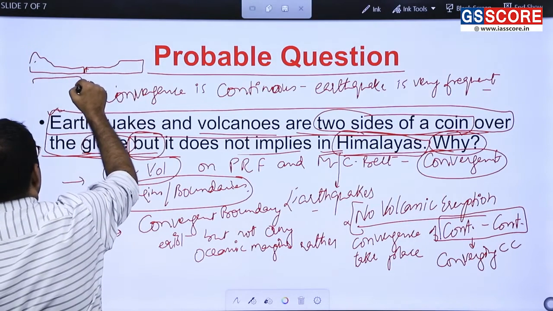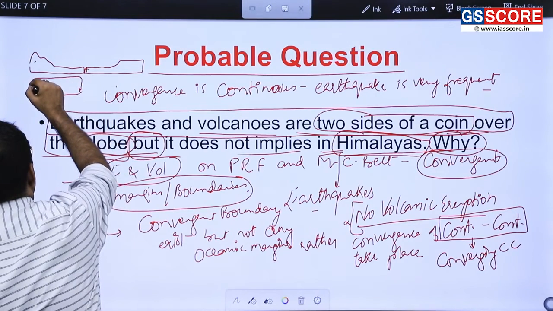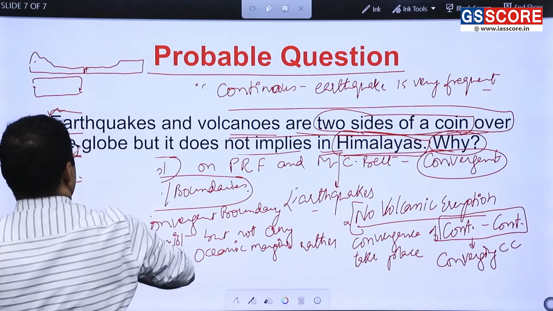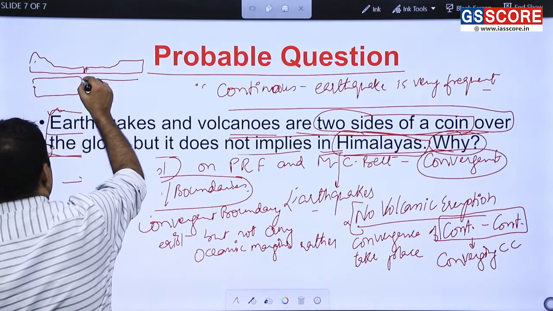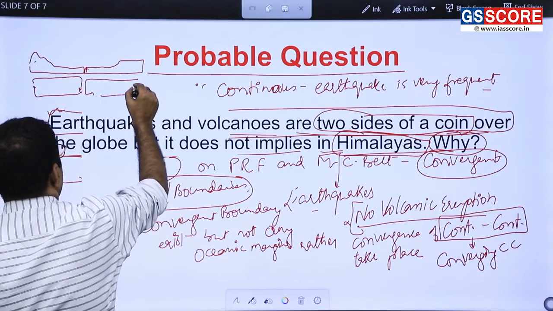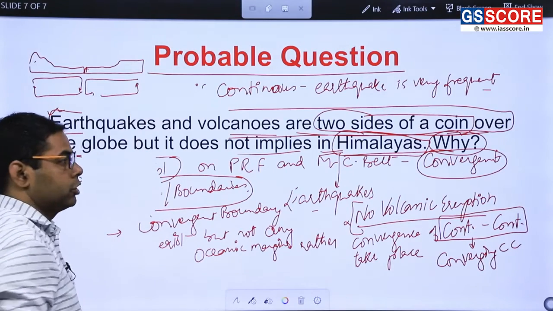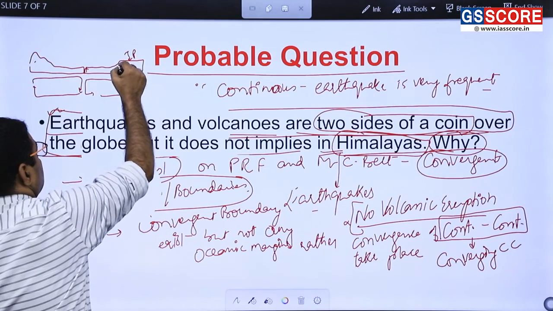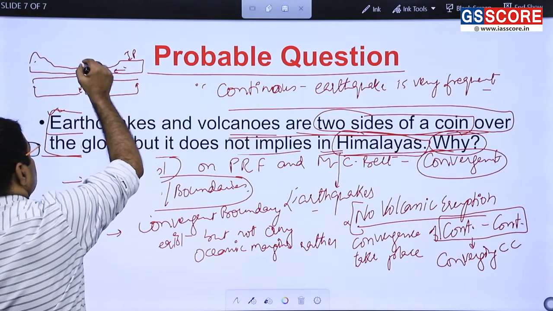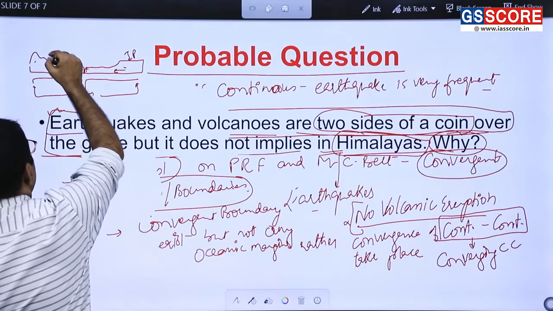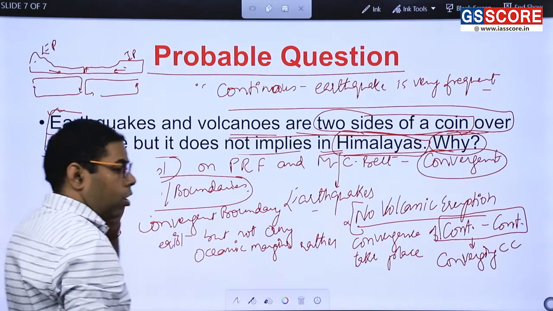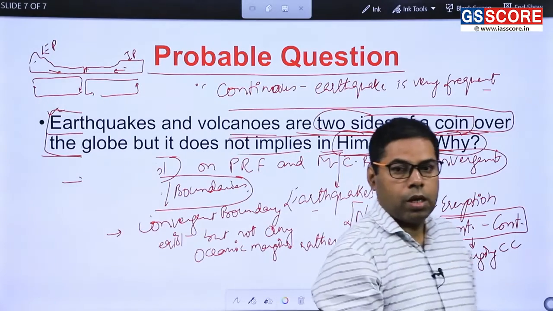They are converging under the effect of converging convection currents. Write here: Indian plate drifting towards Eurasia. The Eurasian plate is moving towards India, or it is more or less static, right?